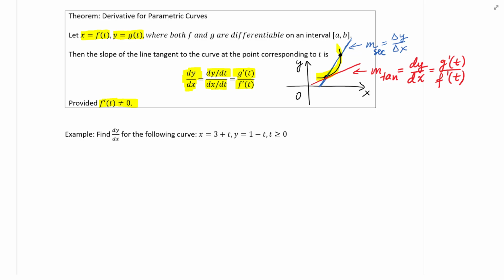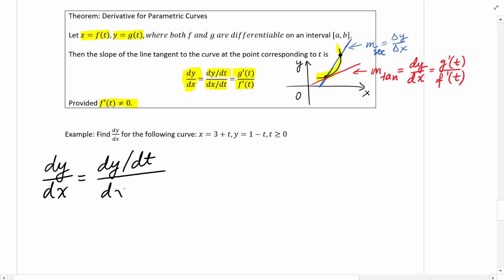So let's solve this example. Find dy/dx for the following curve. x equals 3 plus t and y equals 1 minus t, t greater than or equal to 0. So dy/dx is given by dy/dt over dx/dt.